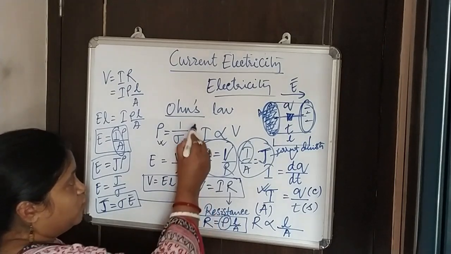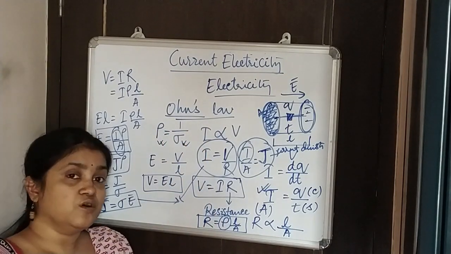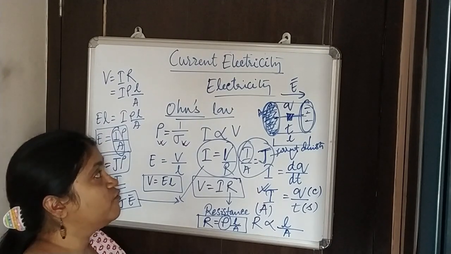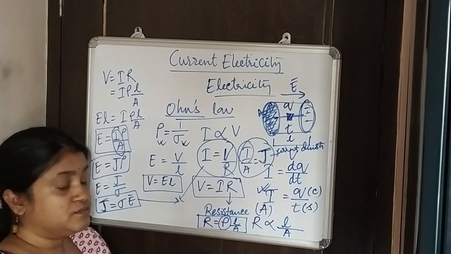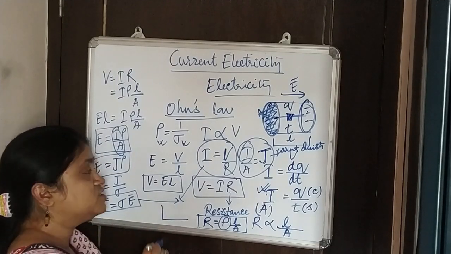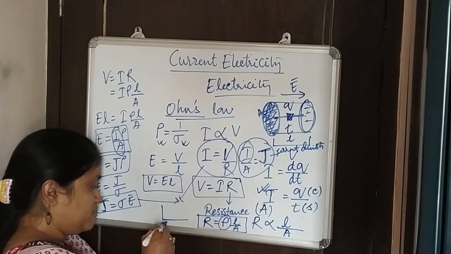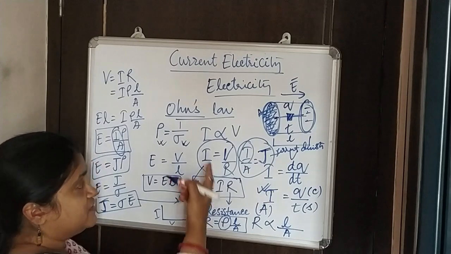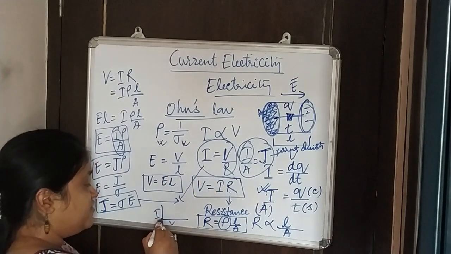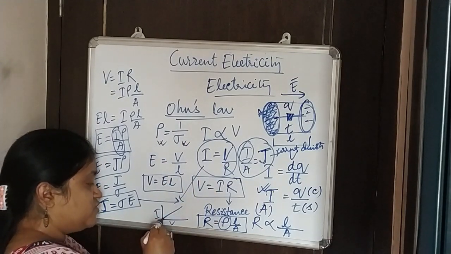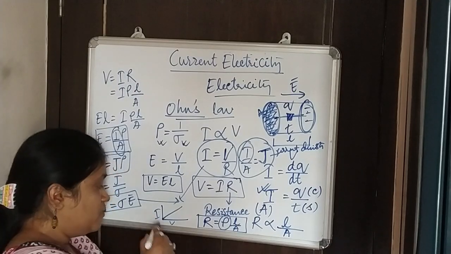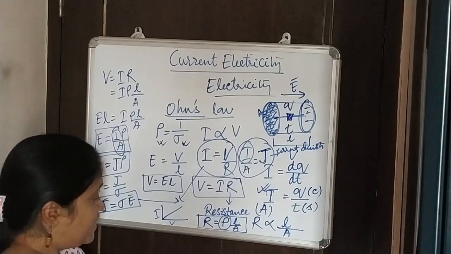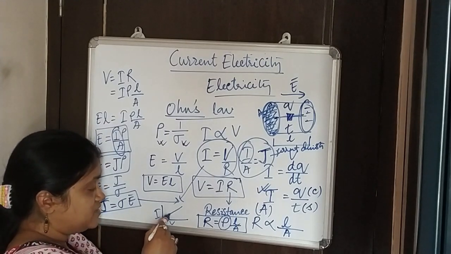Now talking about Ohm's law, it is followed by certain materials. Not all materials follow this same law. For the materials which follow the law, the V versus I curve, as we know for Ohm's law, says that I and V are proportional, and therefore the graph is always a straight line passing through the origin.